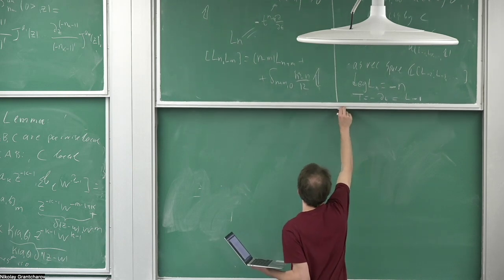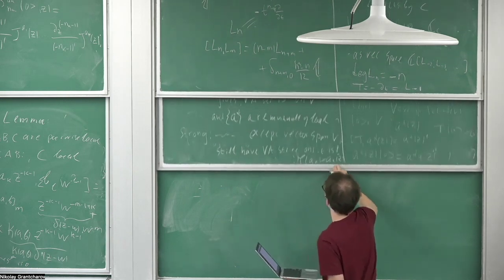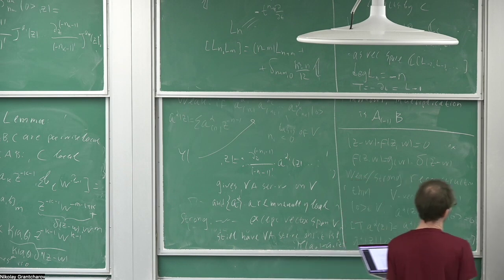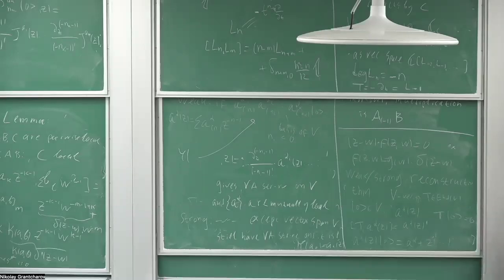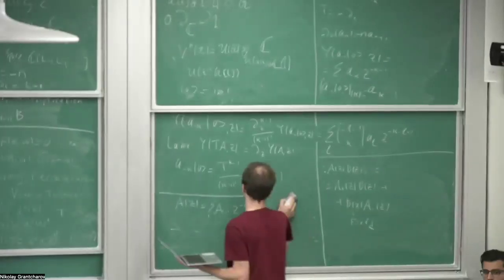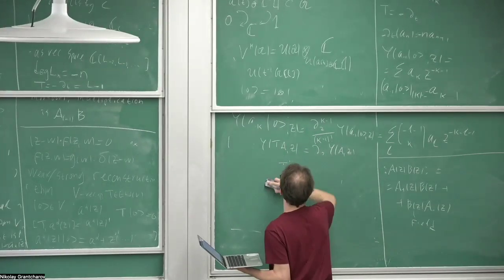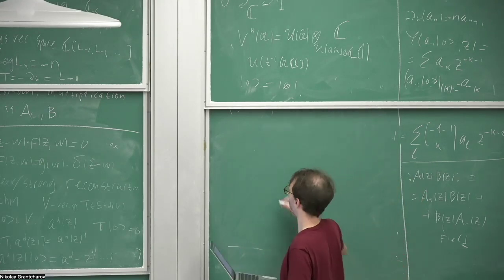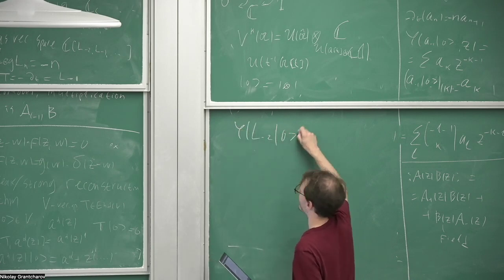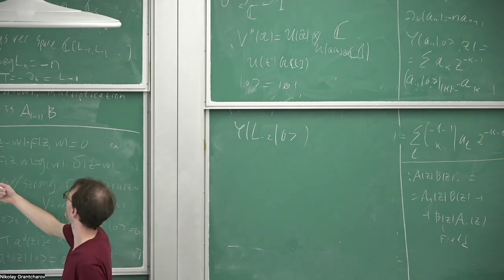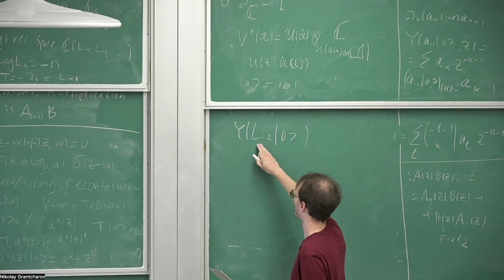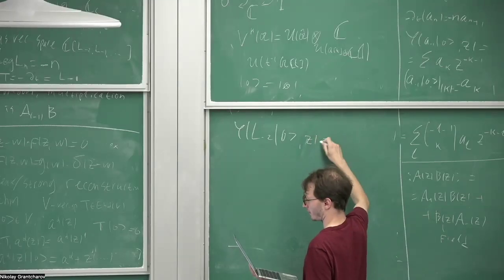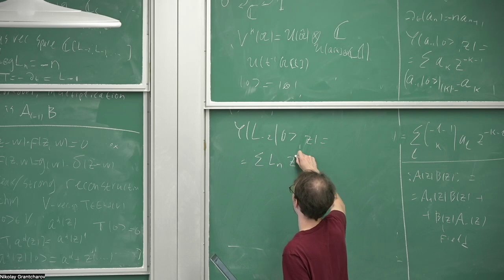So the only thing I have to do is, using the weak reconstruction theorem, it is enough to write a field Y(L minus 2), the sum of Ln z^(-n-2).